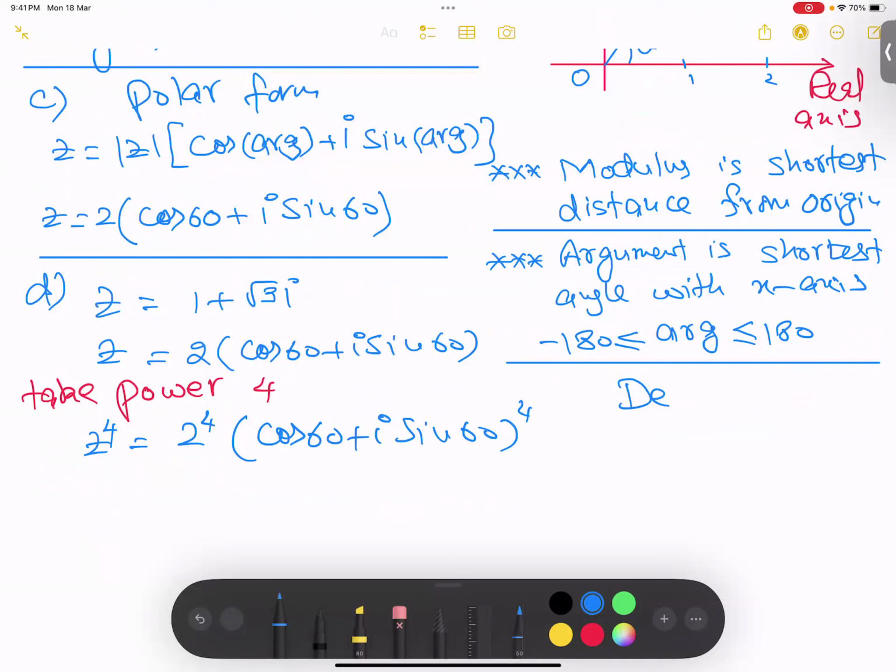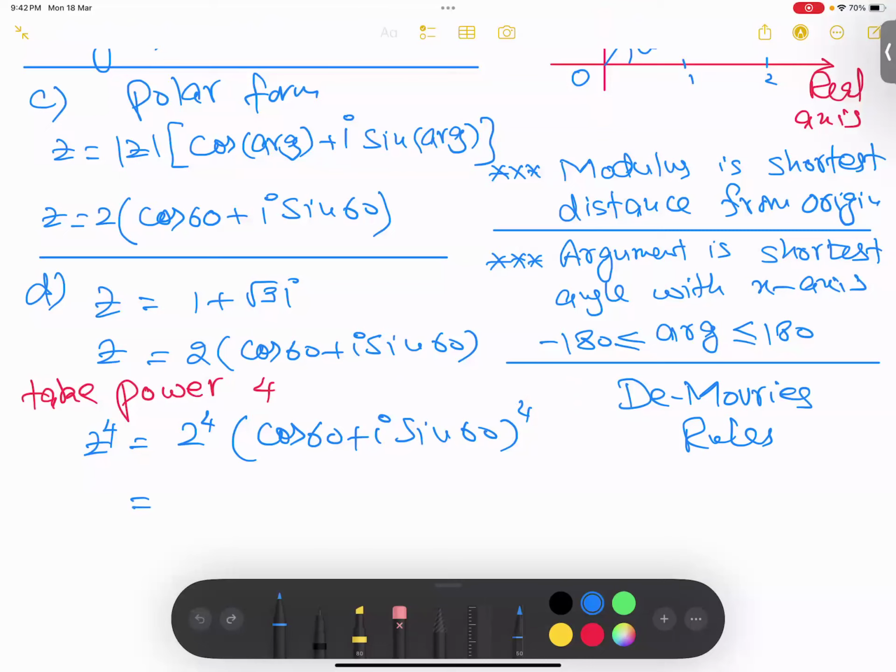Okay, let me write it here: DeMoivre's rule. What does DeMoivre's rule say? The power will multiply with the angles. That's it. This is the process of DeMoivre's.